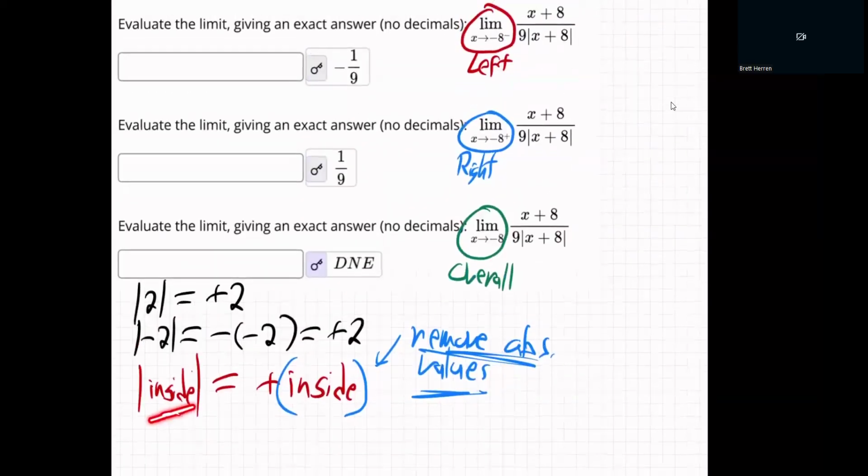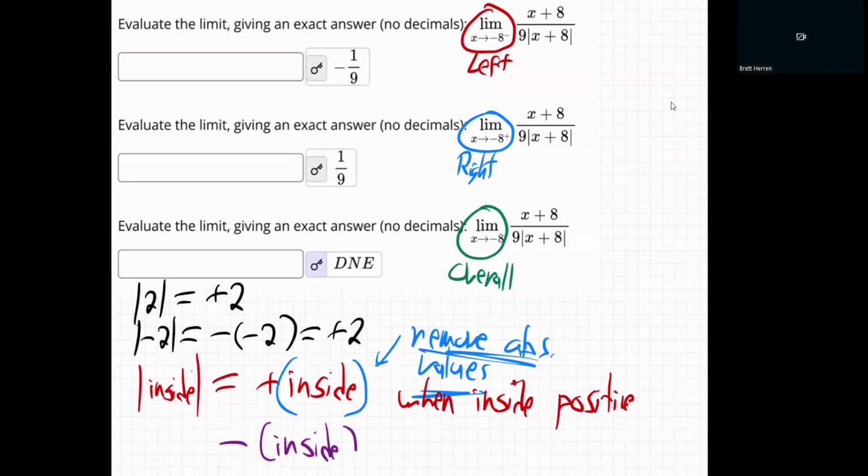So if the inside is already positive, it just stays that way when the inside is positive. But it'll put a minus in the front, again, just with parentheses now, when the inside is negative.